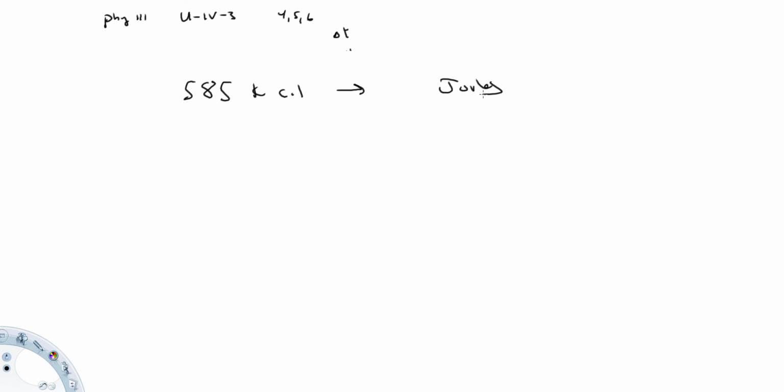Part B, how many flights of stairs would she have to do to go through one donut, assuming 15 centimeters per stair. I would attack this from a work energy standpoint. Write out the work energy theorem.